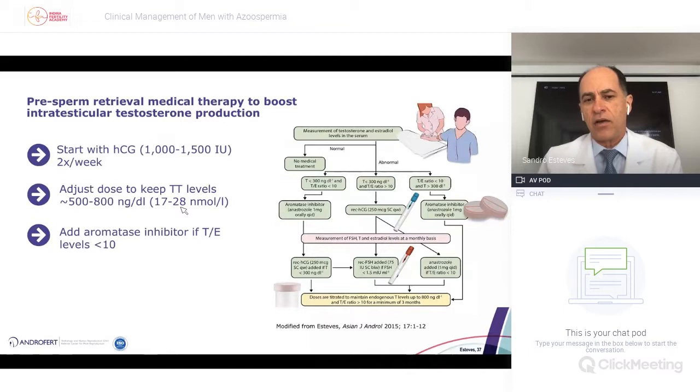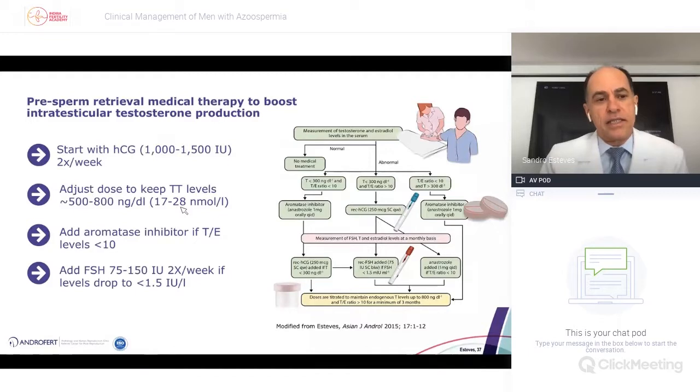So you make the ratio between testosterone and estradiol levels. If the ratio is below 10, you might add an aromatase inhibitor because it will block the conversion of testosterone to estradiol, and then you'll be able to get most of the testosterone the patient is producing endogenously.